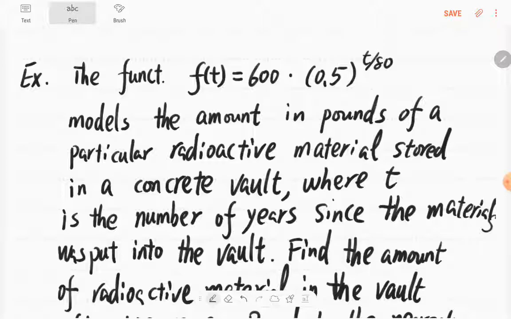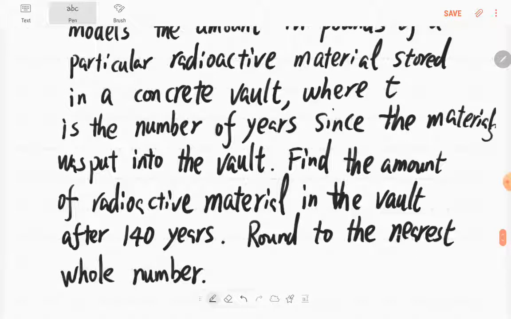This function models the amount in pounds of a particular radioactive material stored in a concrete vault, where t is the number of years since the material was put into the vault. Find the amount of the radioactive material in the vault after 140 years, rounded to the nearest whole number.